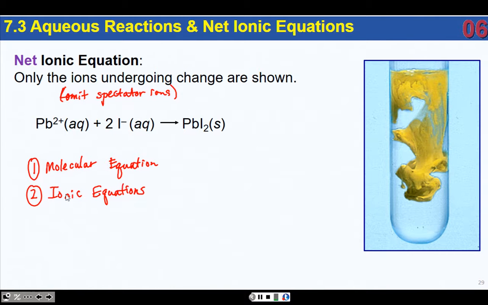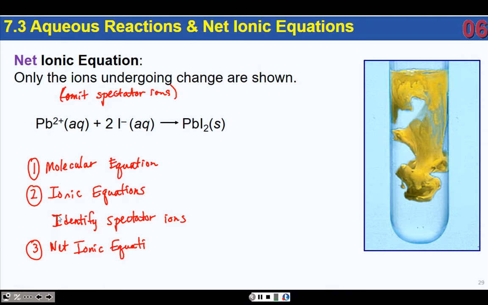Then you take a step of identifying the spectator ions and note where they are so that you don't have to include them. And the last piece then is to write a net ionic equation. So the net change is represented here in the net ionic equation, leaving out the parts that have no change.